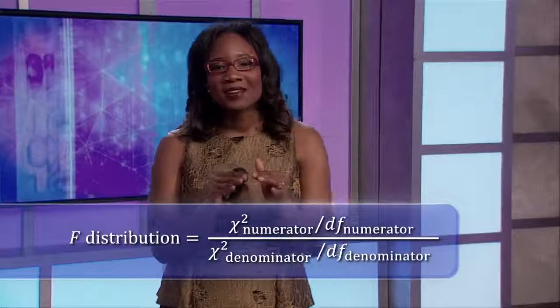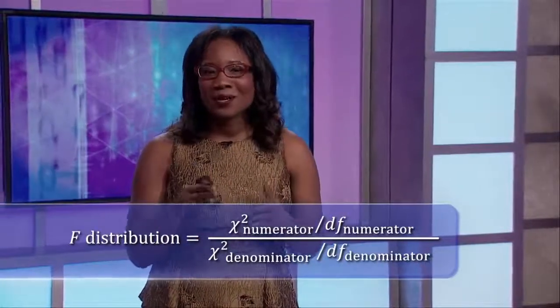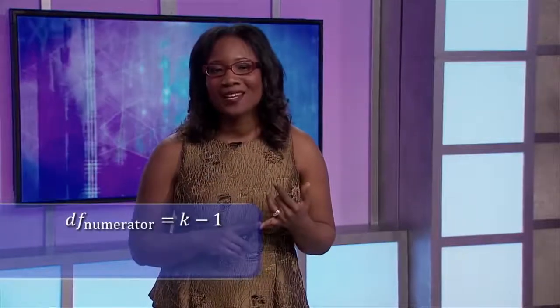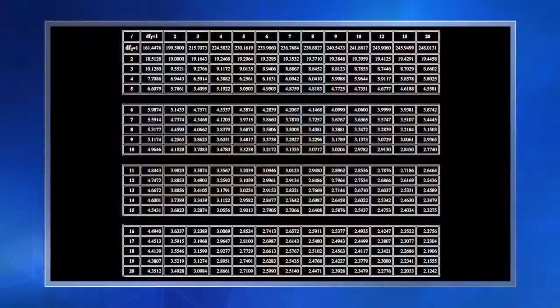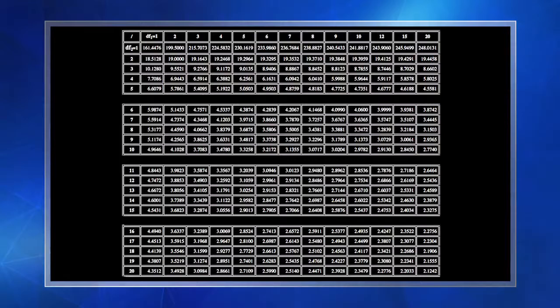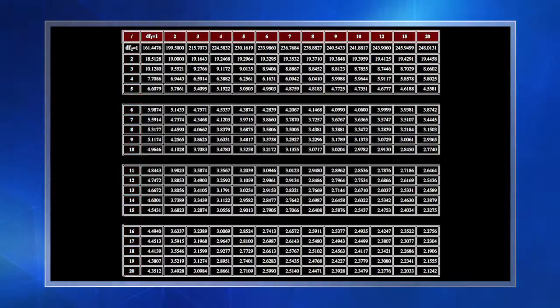Now, when we specify an F distribution, we have to state the two parameters that correspond to the degrees of freedom. First for the numerator, which is k minus 1, and then for the denominator, which is n minus k. Now here's a table of F values, and notice that it's organized by those 2 degrees of freedom. The degrees of freedom of the numerator are the between, which is shown in the table columns, and the degrees of freedom of the denominator are the within, which are shown in the table rows.